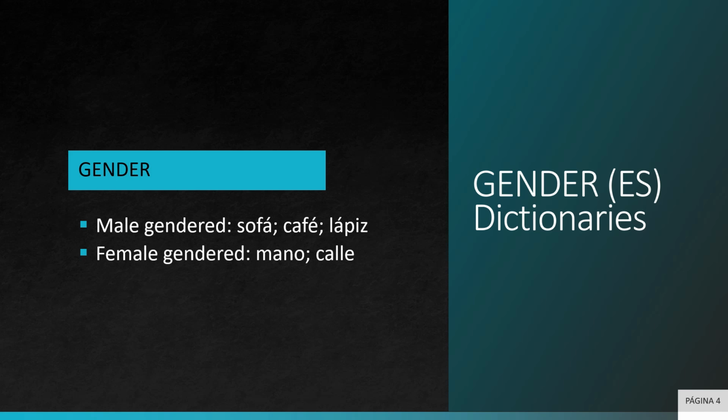That is, in Spanish, gender is not biologically sex determined. But, on the contrary, in Spanish, gender is given arbitrarily by dictionaries. So, always remember this. In English, gender is always biologically sex determined. Whereas in Spanish, gender is always arbitrarily given by dictionaries.